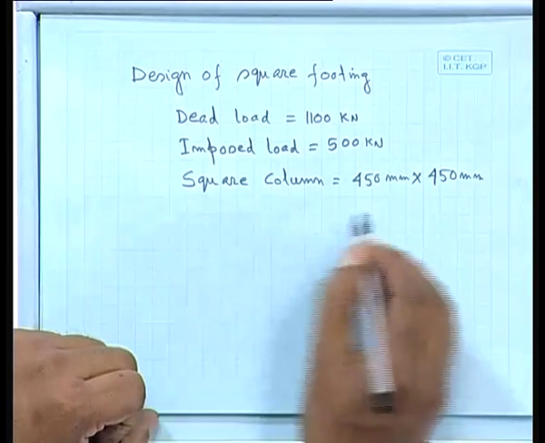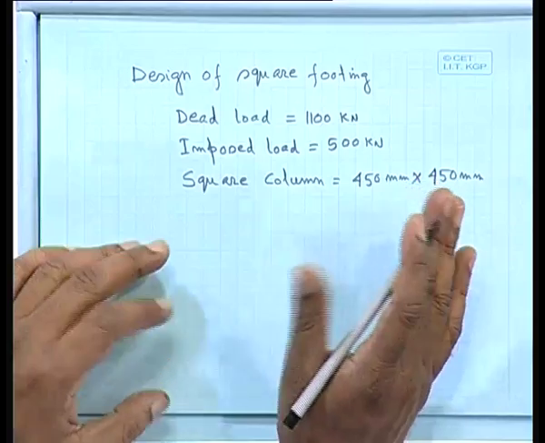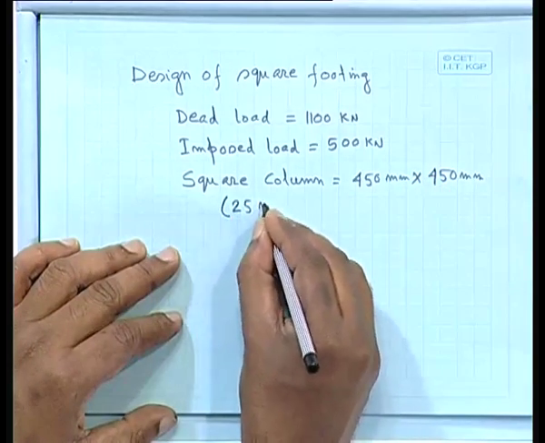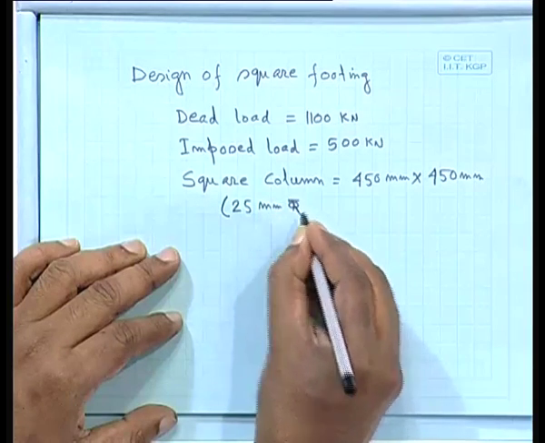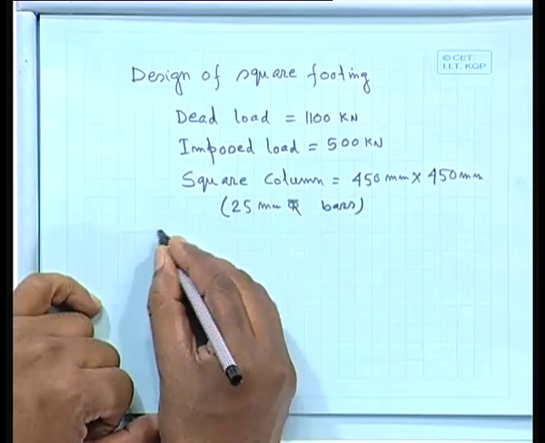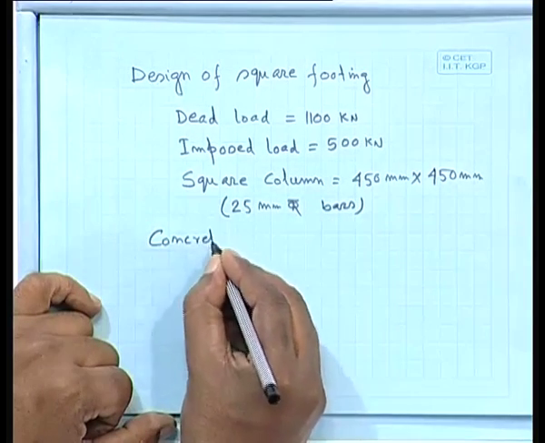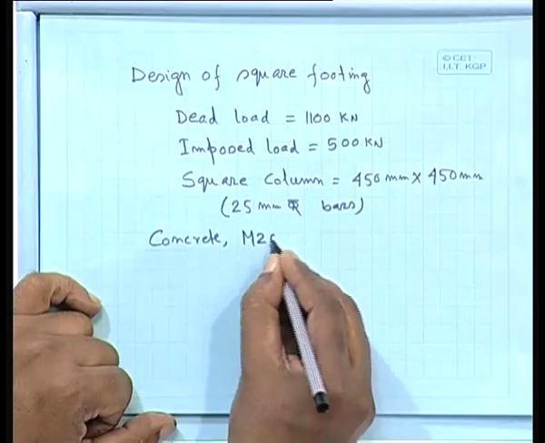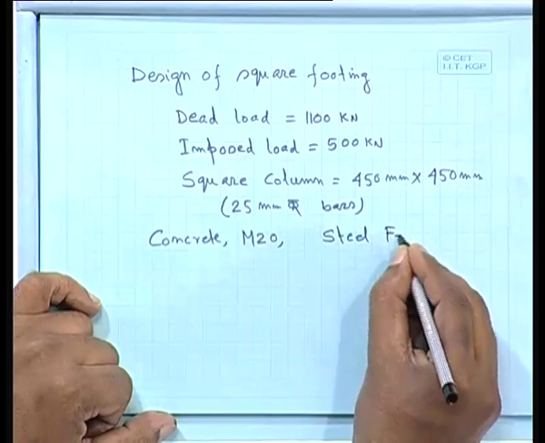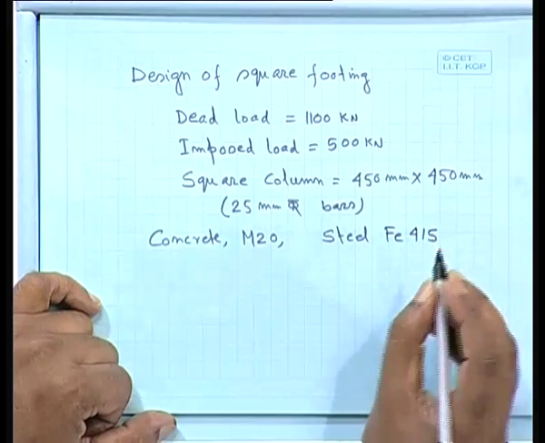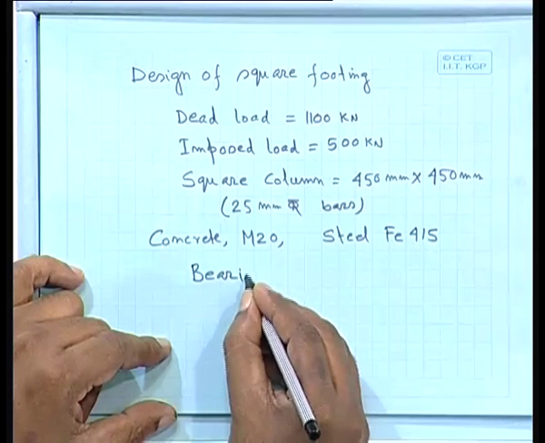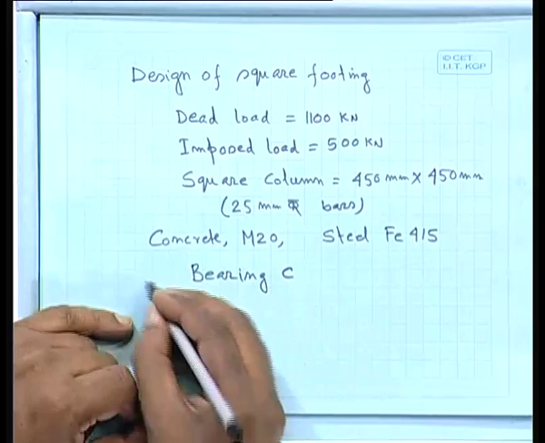Let us take, say, a 25 millimeter bar provided. In the columns, concrete M20 and steel Fe415. Bearing capacity, let us write down, safe.